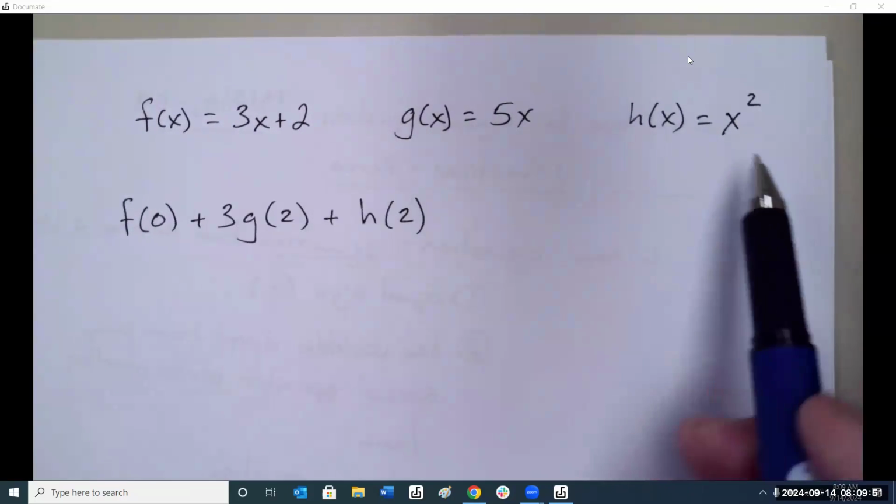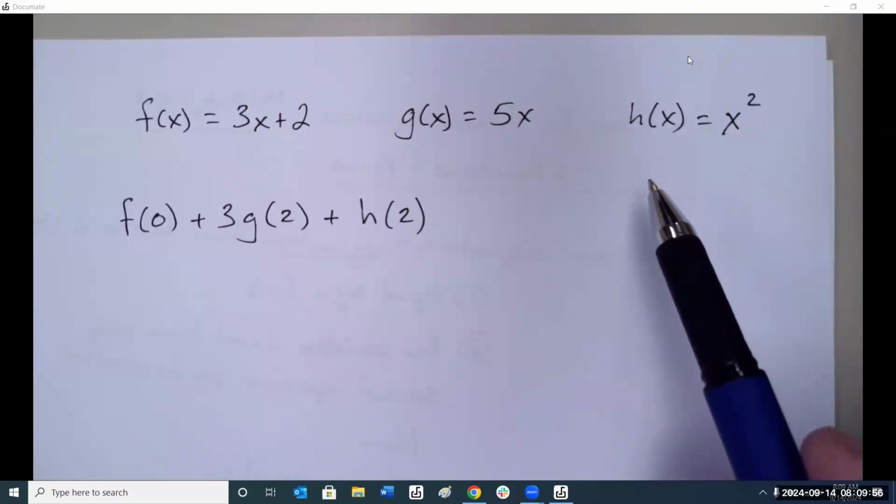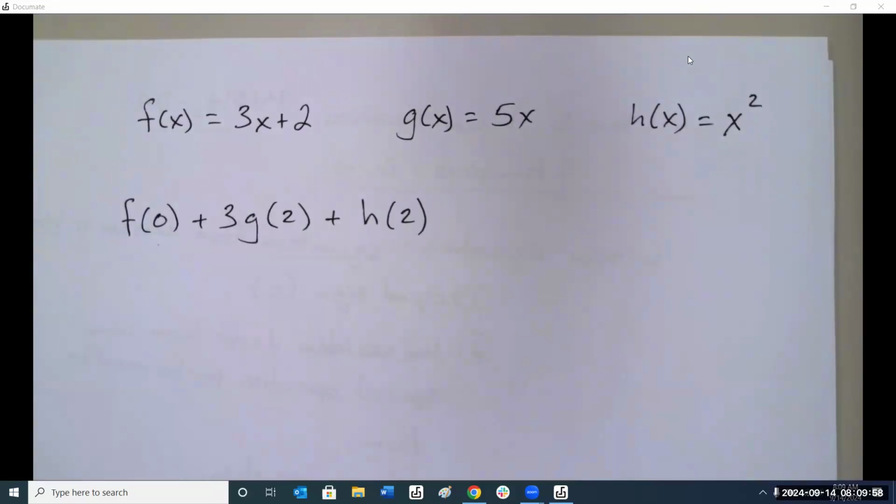I don't have to keep on rewriting the equations all the time, or x equals for each one separately. Now I could differentiate which function I am referring to at each point.